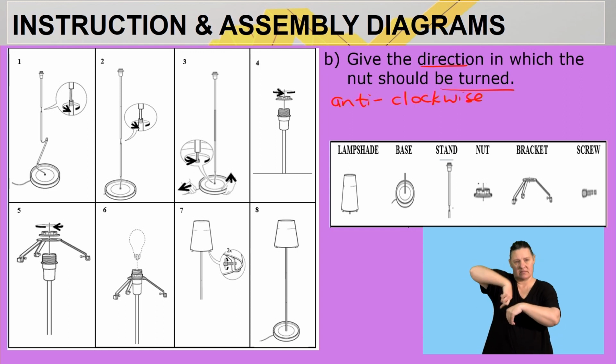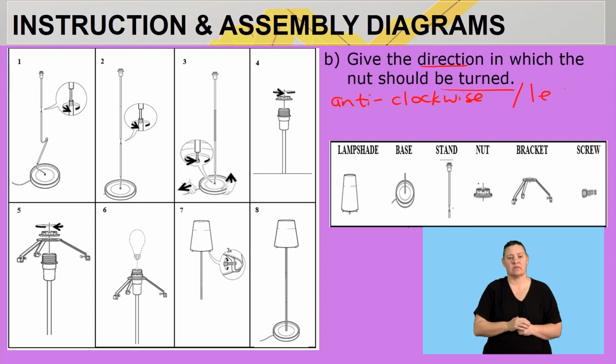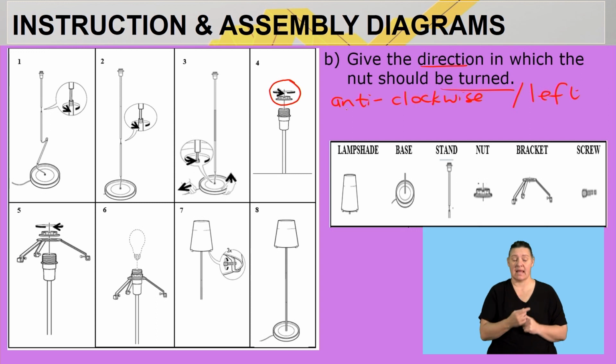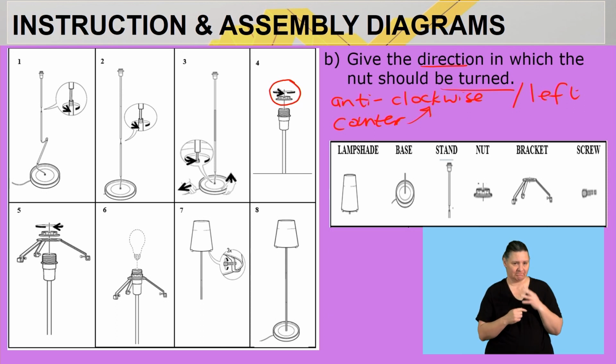So in this case, we can also say it should be turned left, or counter-clockwise. Anti-clockwise, left, or counter-clockwise, we'll all accept as correct in this case. Guys, are we fine?